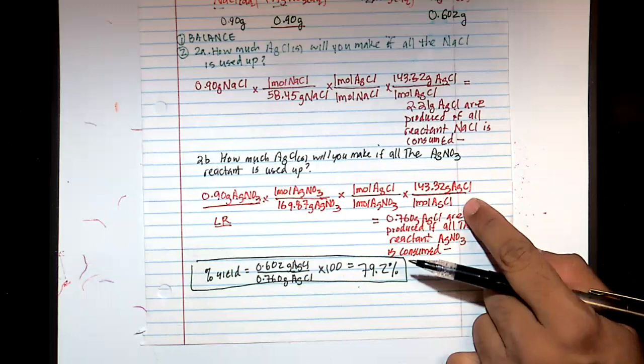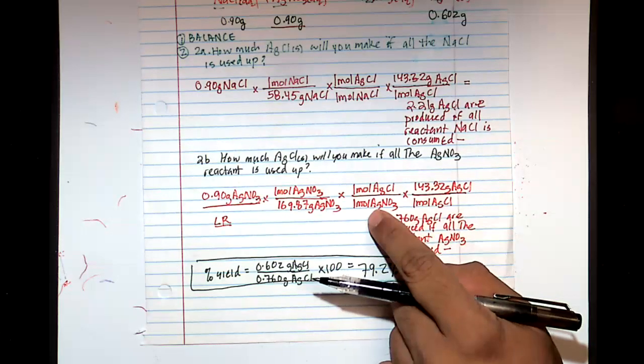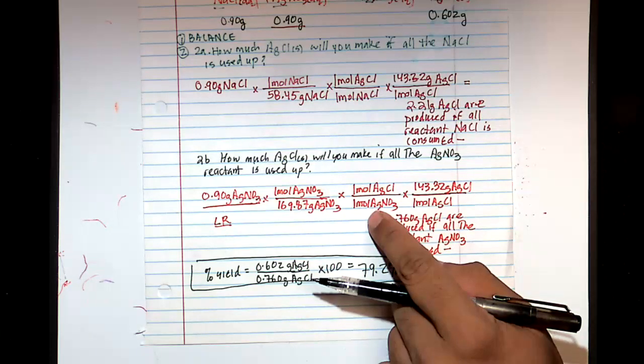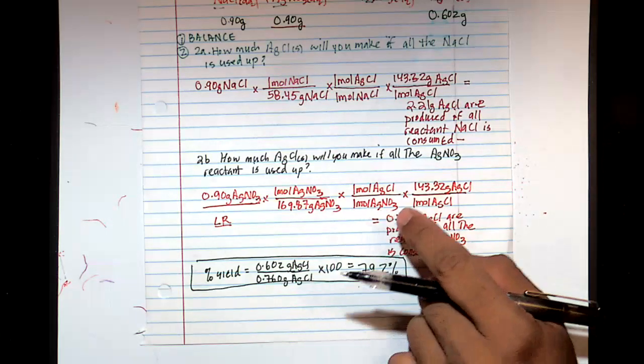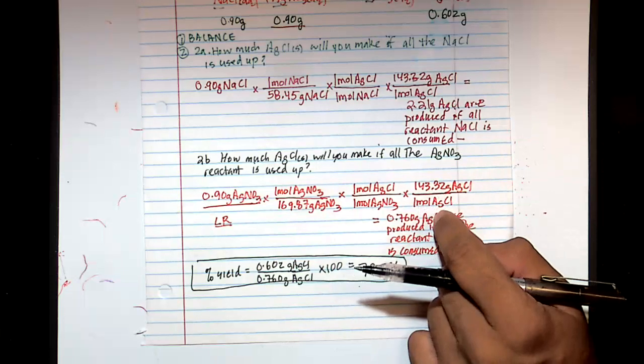Right. And from there I got 0.004 moles of silver chloride. And so I did another set of fractions. So 0.004 moles of silver chloride, and I times that by grams per mole of silver chloride.